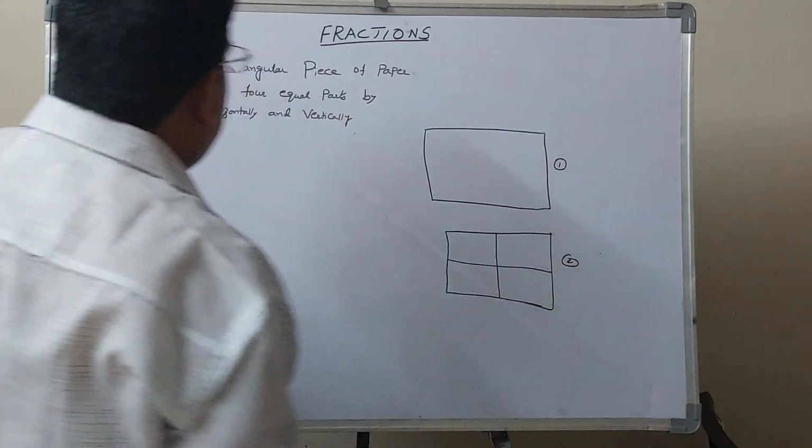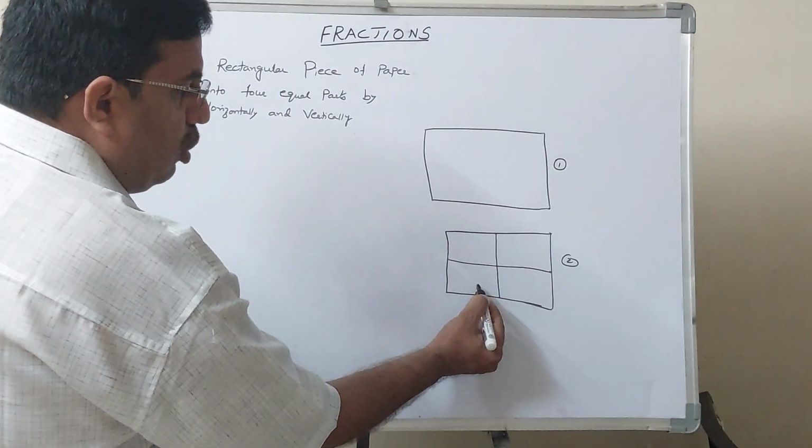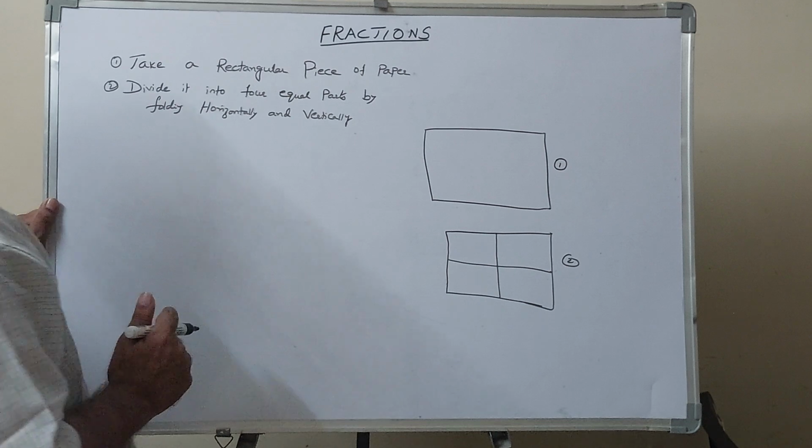This is the first part, second part, third part, fourth part. Four equal parts by folding it horizontally and vertically.